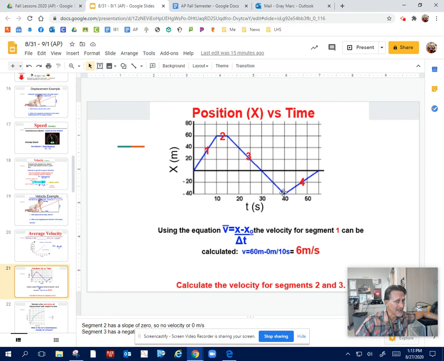A negative slope tells me that I'm moving backwards with my speed or velocity. And you can calculate that by going change of y, final minus initial, over change of x, and it's all worked down here to figure out what your velocity is at this point.